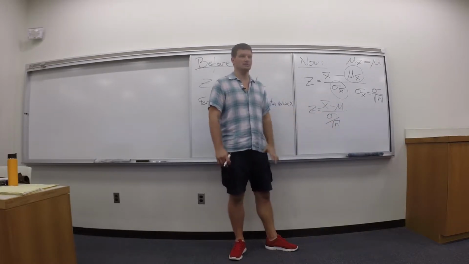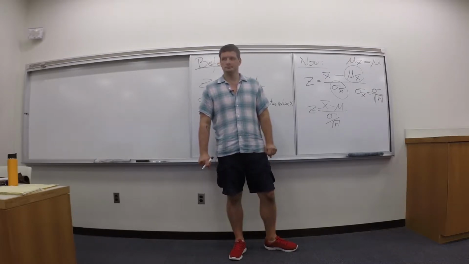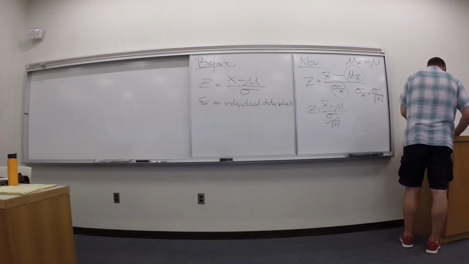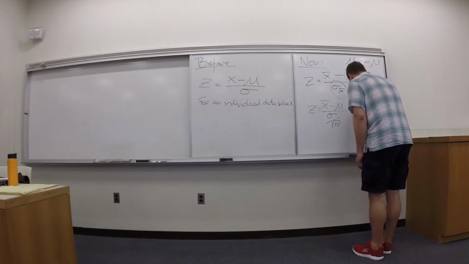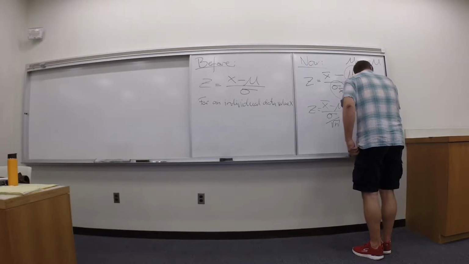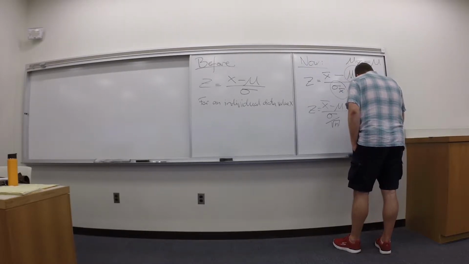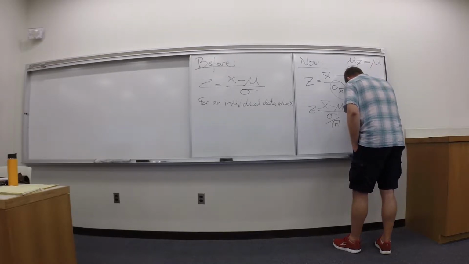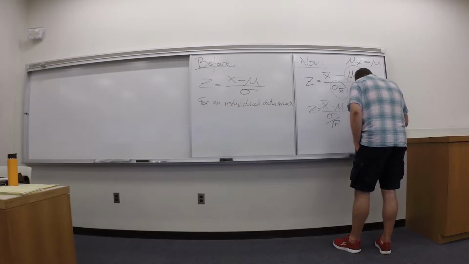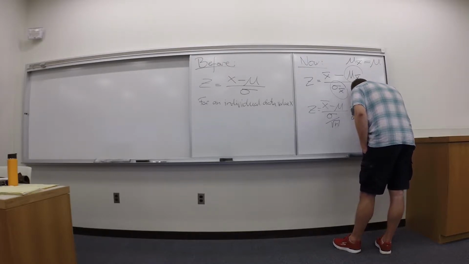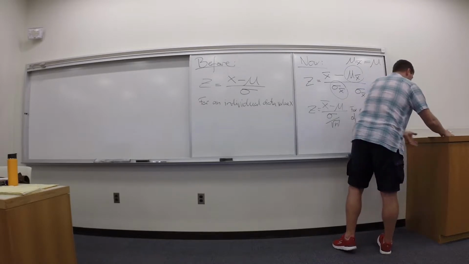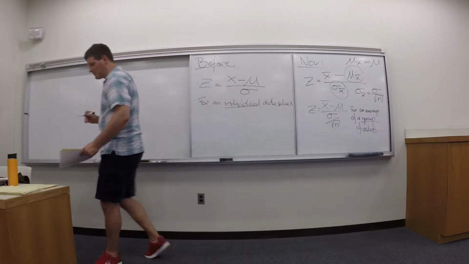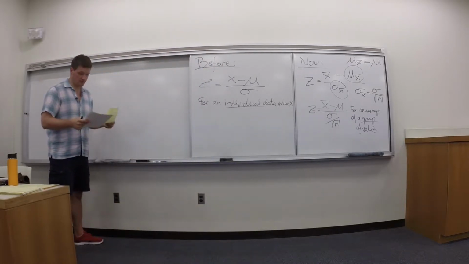All of those are easily accessible to us. So this is for an average of a group of values.